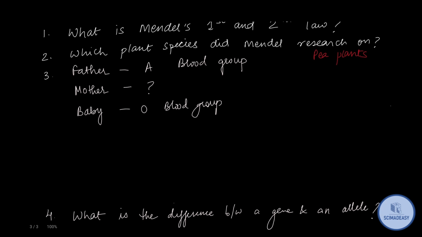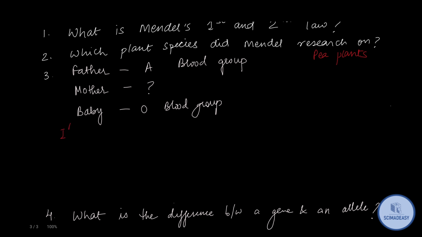Here is a brain teaser. If the father has blood group A and the child has blood group O, what do you think could be the blood type of the mother?